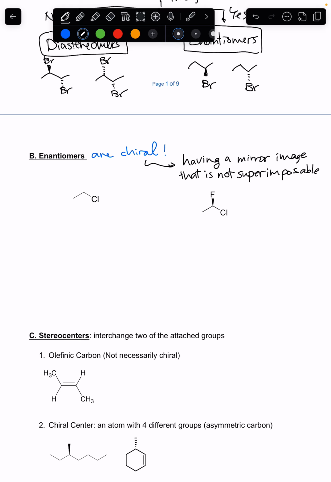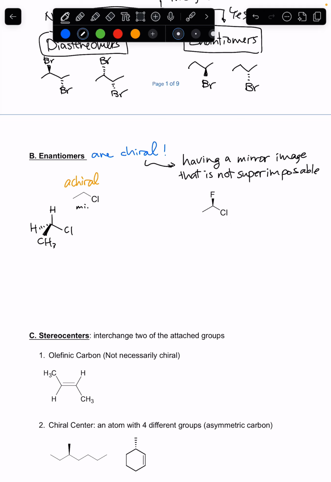So here's an example of an achiral, or not chiral, molecule. The reason we could say that is, if you think about this molecule, I'm going to draw it in a 3D suggestive manner. I want you to see that these are the same molecules, right?